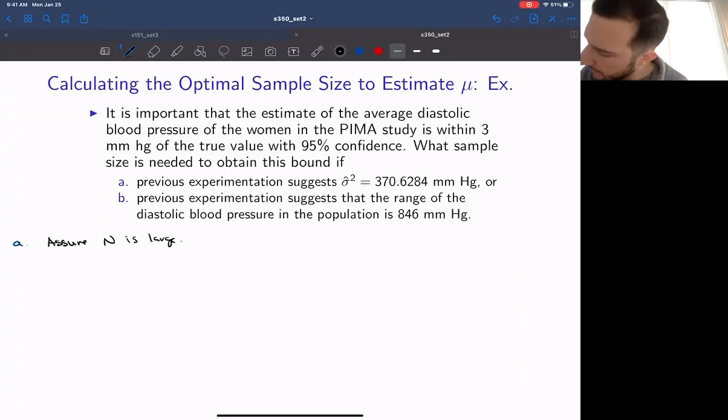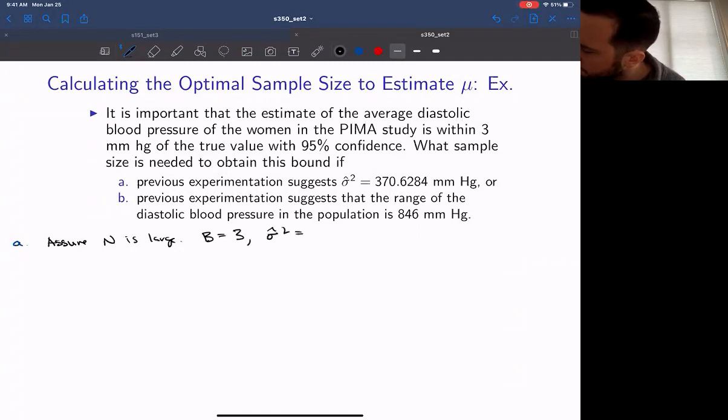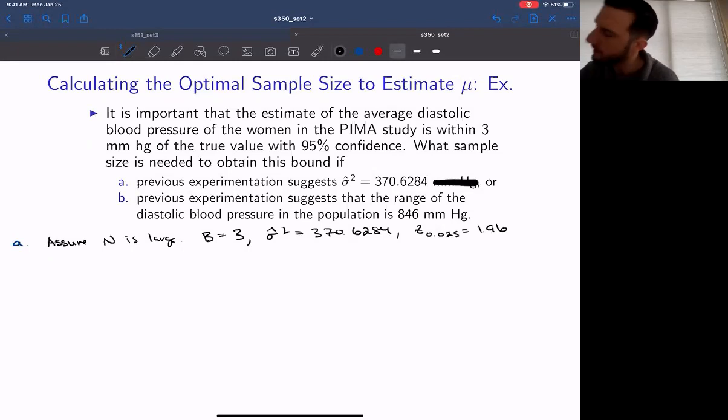All right, so we're going to have capital B equal to 3. We're going to have sigma hat squared equal to 370.6284. This should not have units on it. And then we will have z 0.025 equal to 1.96.